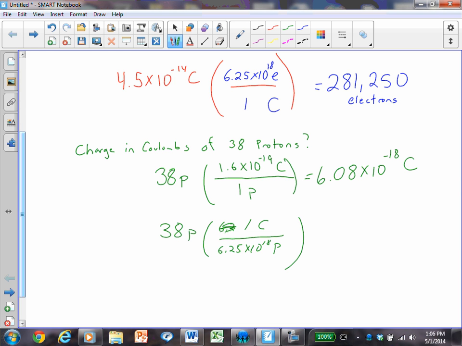That's how many proton charges are in a coulomb. And then you would just divide by that, and you'd get the same number.